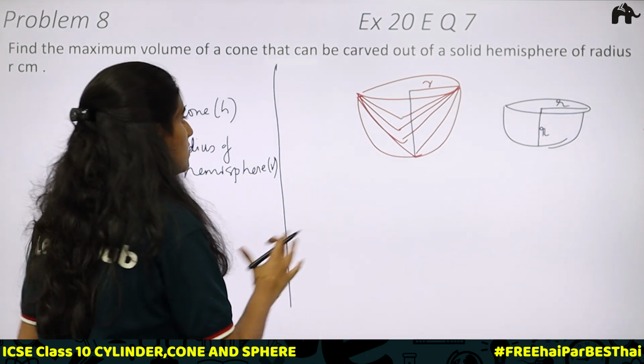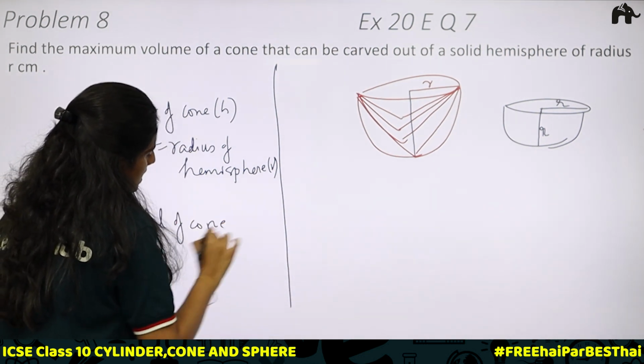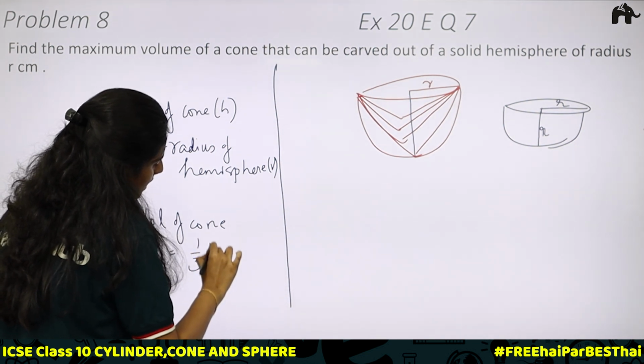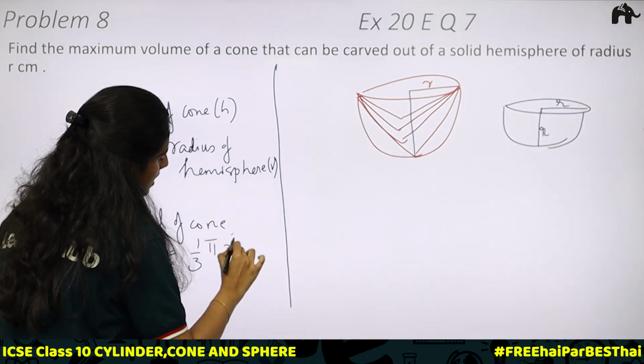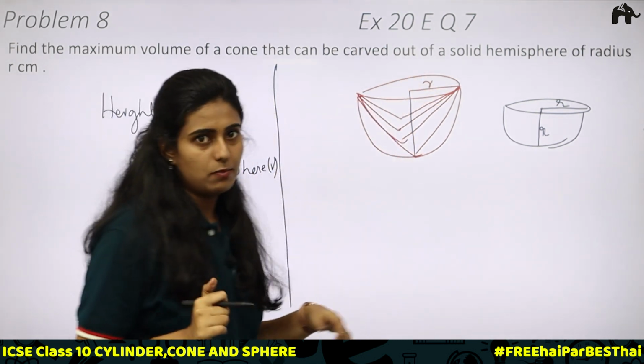What is the volume of a cone? We have volume of cone is equal to 1/3 pi r square h. Here the height is radius of hemisphere.